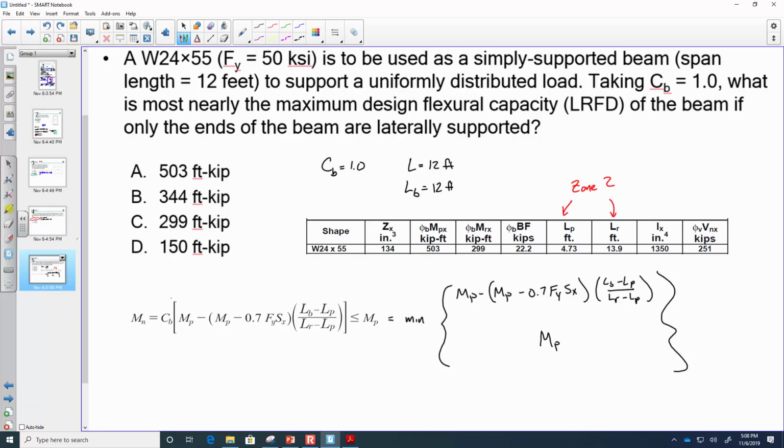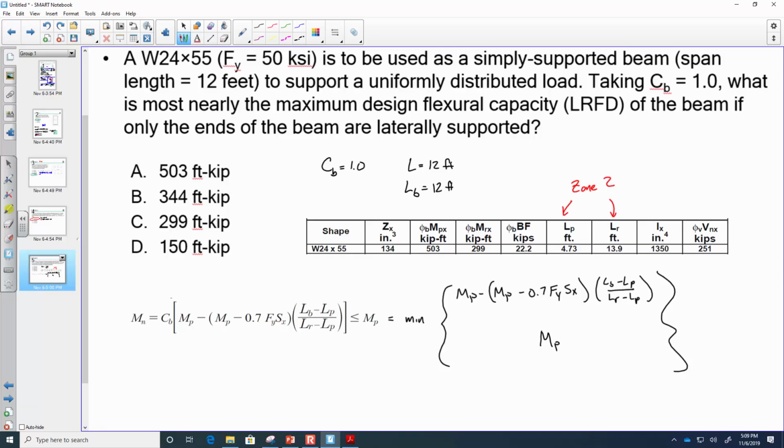Okay. Now, I'm going to sort of do this problem the way that I think you would do it on the exam, and here's why. If you recall in steel design, we had a shortcut way of getting around this formula. The shortcut was to use the beam factor. And that beam factor is really just the slope of that line in the inelastic LTB range. Well, we don't have that formula. It's not provided. So I'm actually going to use this expression and just compute the stuff that I need.